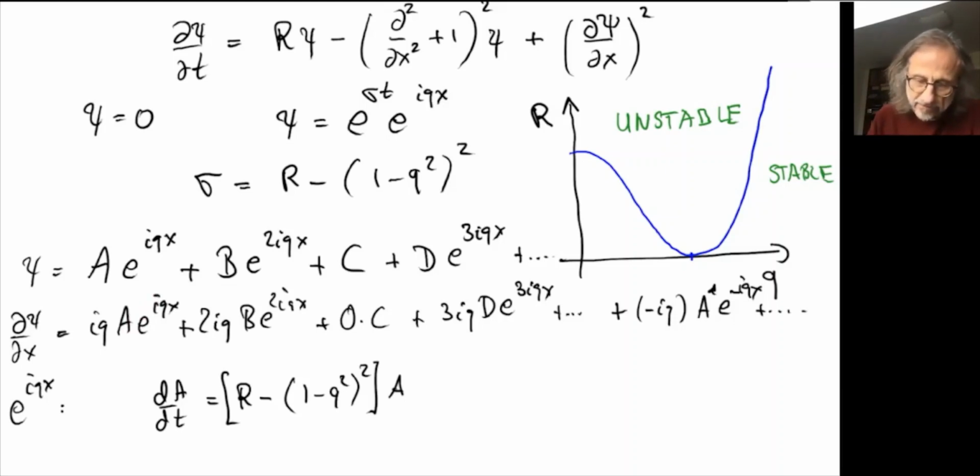Okay, let's write that down. So A squared means that we take from the d psi by dx, we need to square that. So you may have to imagine this thing here twice. And so for the A squared, I get A from the first factor and A from the second factor. I get one of those. So I get here a minus Q squared, A squared.